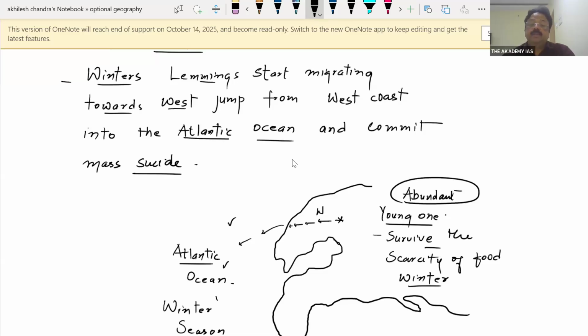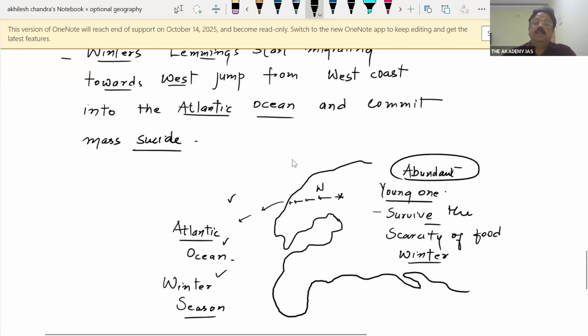When it was first studied or seen, it was thought that the lemmings are very social animals. The elder or older ones migrate towards west, and they go for mass suicide so that their young ones survive, even in case of scarcity of food.